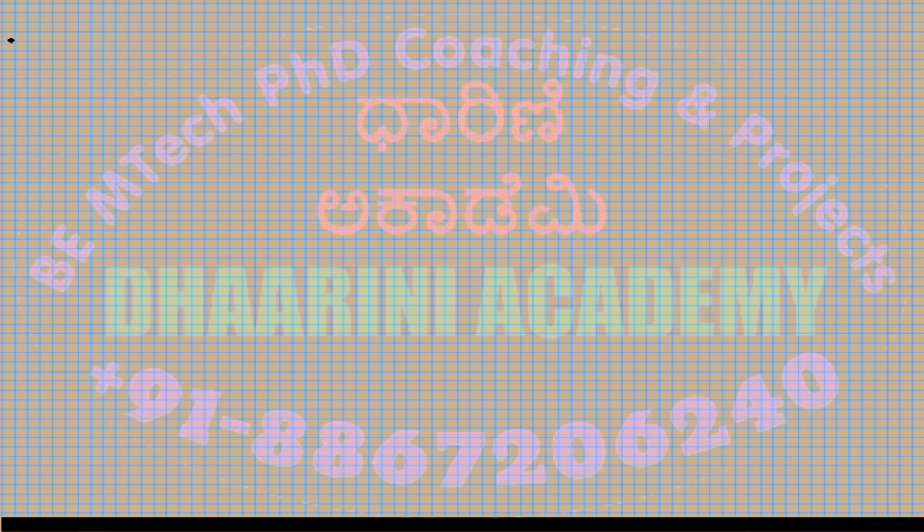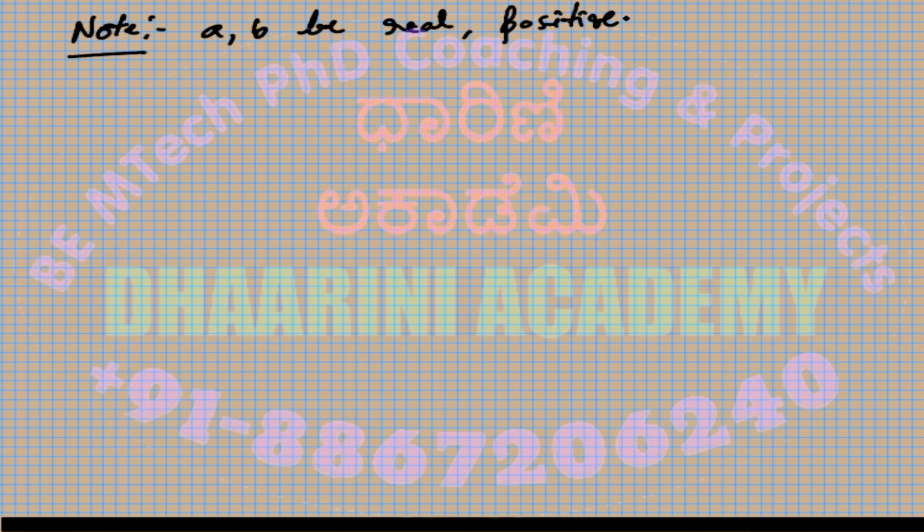Then this is again a note. Right, so let A comma B be real and positive and unequal numbers.